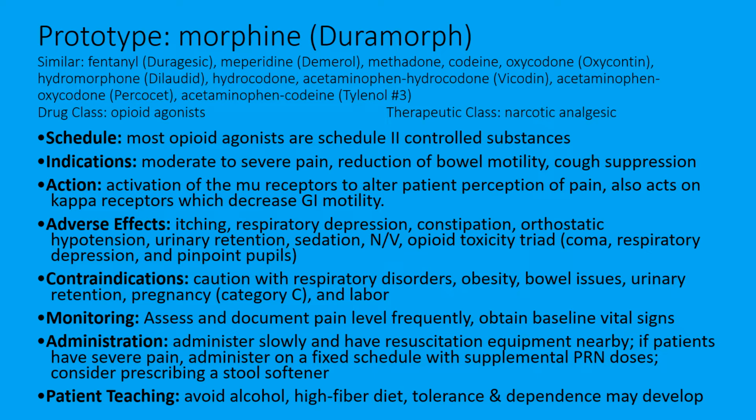Now, when we're giving opioids intravenously, we don't usually push them. We give them over minutes, sometimes 5 to 10 minutes, okay? If you push an opioid, you can make someone apneic and significantly reduce their respiratory rate, okay? So it increases the chance that you'll have to resuscitate them or use naloxone, for example, if you pushed an opioid.